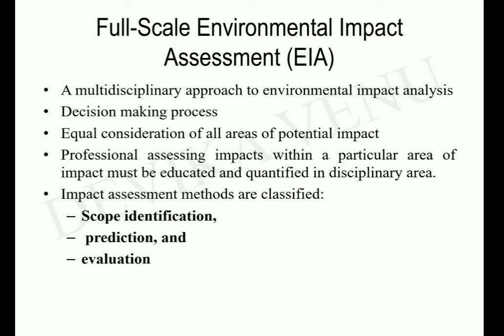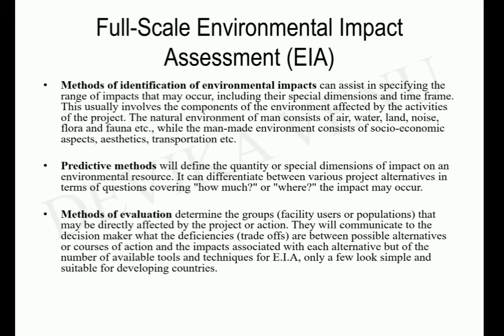The general classification is scope identification, prediction and evaluation. We will see them one by one. The first one is methods of identification of environmental impacts. It assists in specifying the range of impacts that may occur, including their spatial dimensions and time frame.